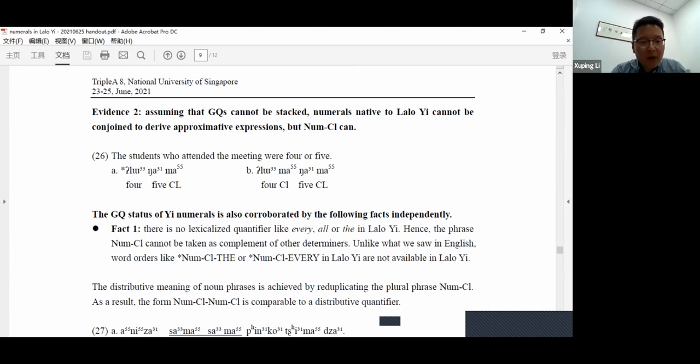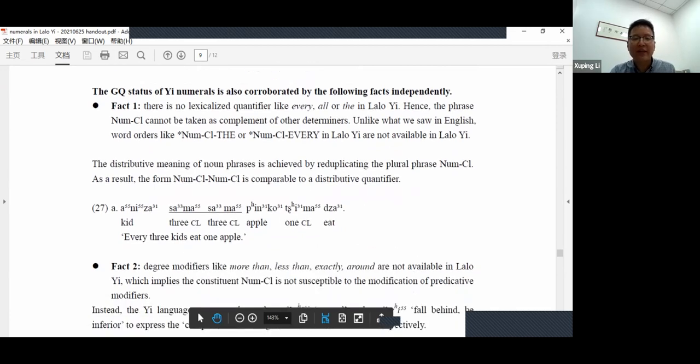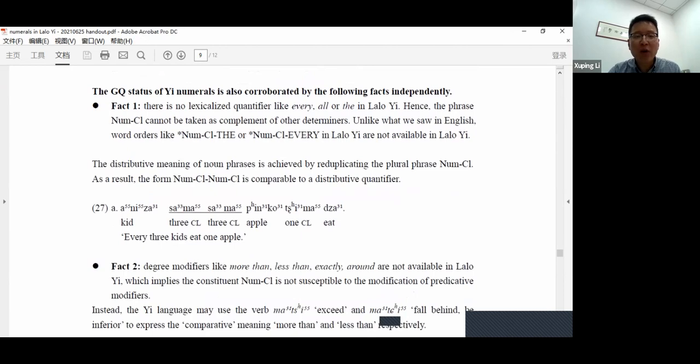Okay, and also the GQ status of number P is corroborated by the following facts independently. In this language, there are no lexicalized quantifiers like every, all, or the. So you wouldn't find sequences like num, classifier, every, or num, classifier, the, which means num classifier can never be taken as a complement by other quantifiers, the determiners, and there are no such determiners.